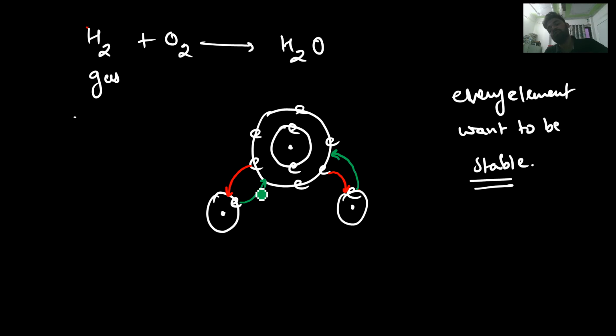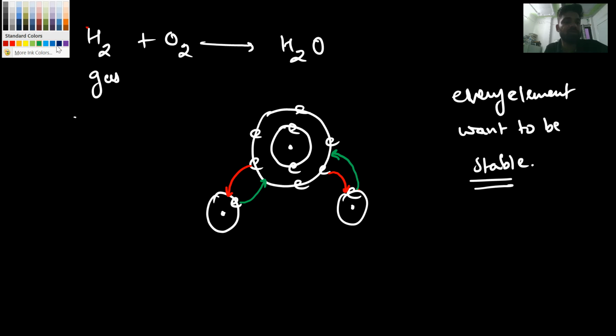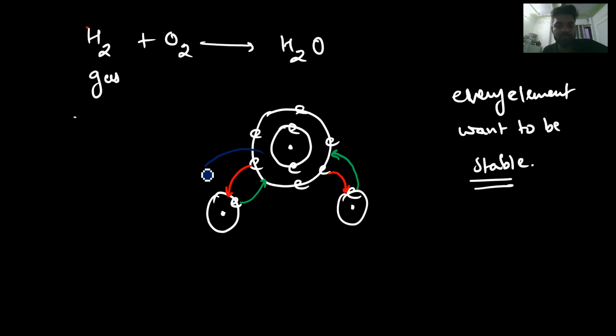You know very well that when these electrons are being shared, this hydrogen is going to have 2 electrons, and similarly this one is also going to have 2 electrons, 1, 2, when it is shared.